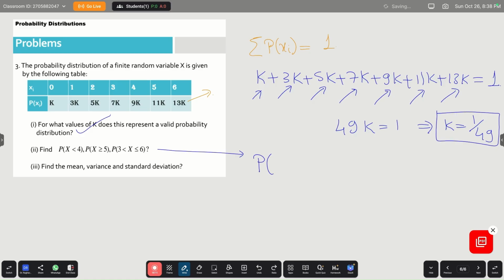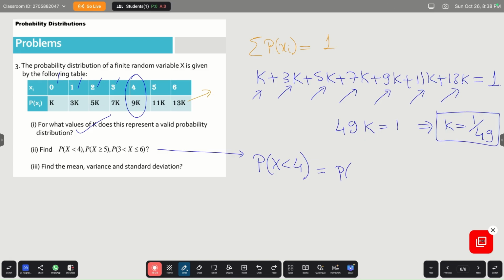First, what they are asking is probability of x less than 4. So it is x not equal to 4 here, it is less than 4. Equal to 4 means it would have been this one, 9k. But x less than 4 means we have to consider all the values of x that are less than 4. What are the values of x less than 4? It is 0, 1, 2 and 3.